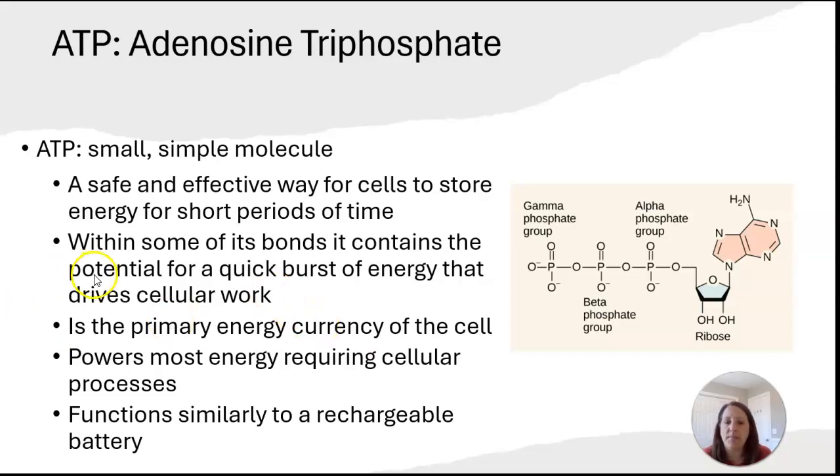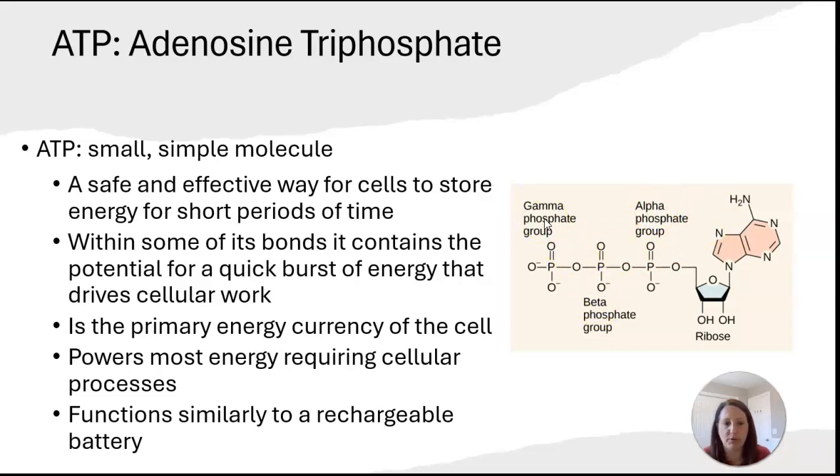Okay? When we look at the structure of ATP, it's made up of adenosine, which is composed of adenine here, and the sugar ribose, and then 1, 2, 3 phosphate groups that are sometimes called 1, 2, and 3, and sometimes they're called alpha, beta, and gamma phosphate groups.